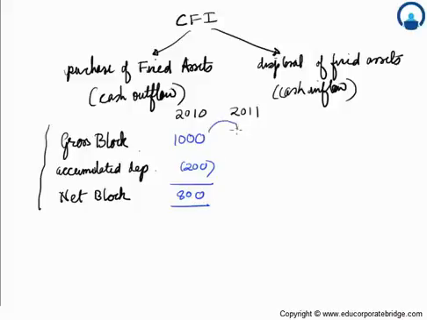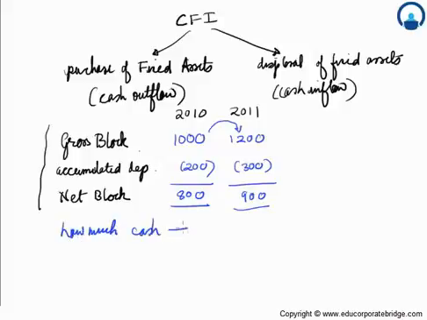Now let's say there was an asset that was bought and the gross block increases to 1200. Accumulated depreciation, the depreciation charged in 2011 will get added here to 2010, so your net block increases to 900. Now sometimes we have seen that students do get confused as to how much cash was invested in purchasing of these fixed assets.